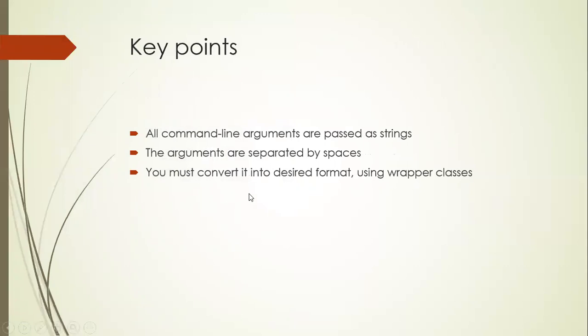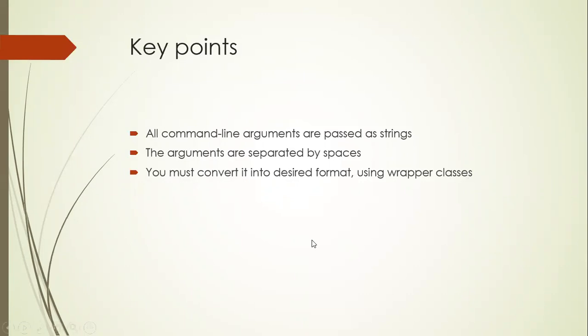So you must convert it into the desired format using the wrapper class. As we have seen in the first point, all the command line arguments are passed as strings. So if you want to use those values inside the program, then you need to convert them into the desired format. Suppose you are passing 10 and 20 as arguments, then we need to convert those into integers, then only we can use them.